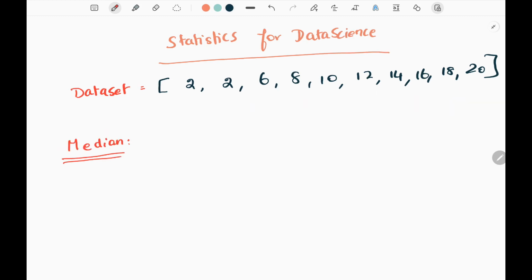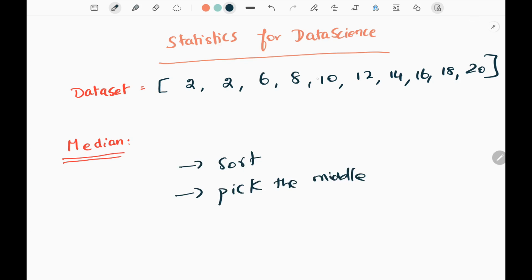So now we will see median. So to calculate median, we need to sort the input array, that is the data set, in ascending order, right? So this particular data set is already sorted. Then we need to pick the middle value in the data, right?